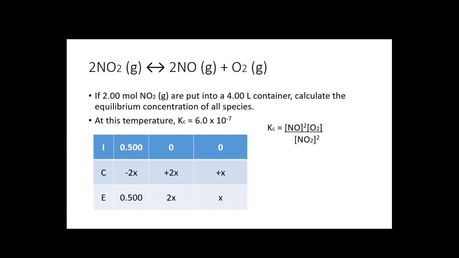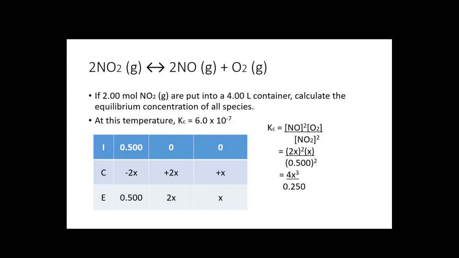So, Kc, of course, is the square of the NO concentration times the oxygen gas concentration, all divided by the square of the NO2 concentration. All of these numbers are at equilibrium. We plug in what we know from the ICE table, and we get 2X, squared, times X as our numerator, and 0.5 squared as our denominator.